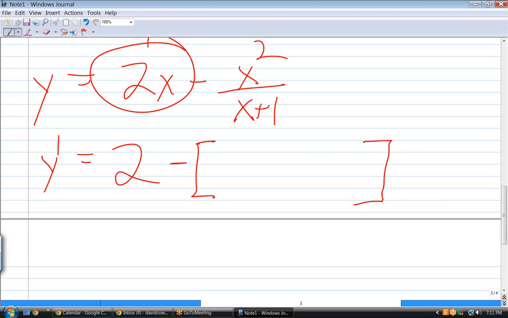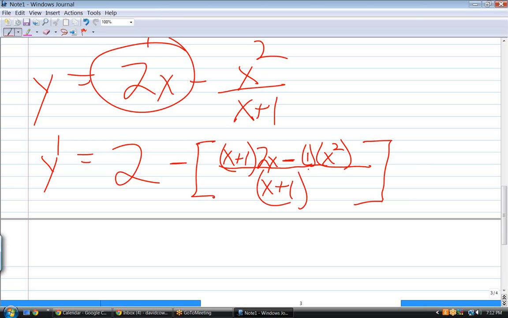Okay, so let's use the quotient rule. What's the quotient rule again? It should be x plus 1 times 2x. And I want to make sure I put that in parentheses. I don't need the parentheses around the 2x, but minus what? 1 times x squared, all over x plus 1 squared. Let's just leave it like that.